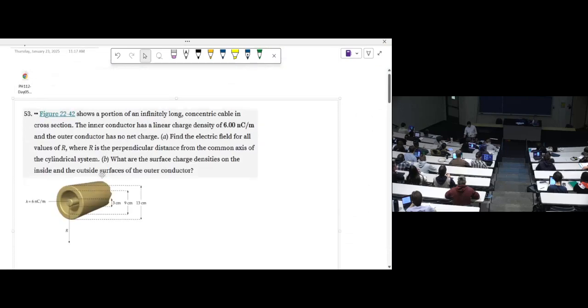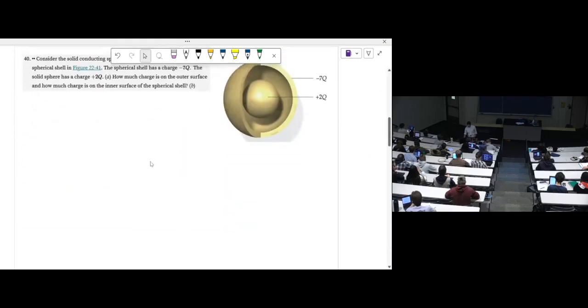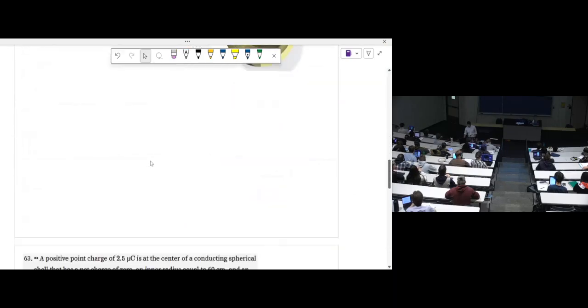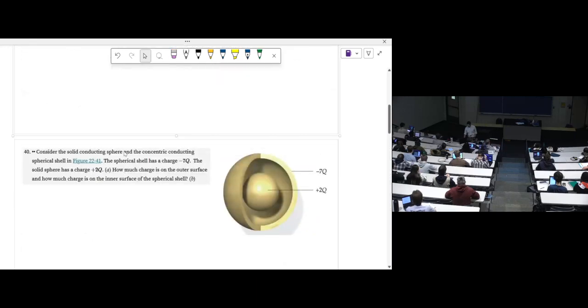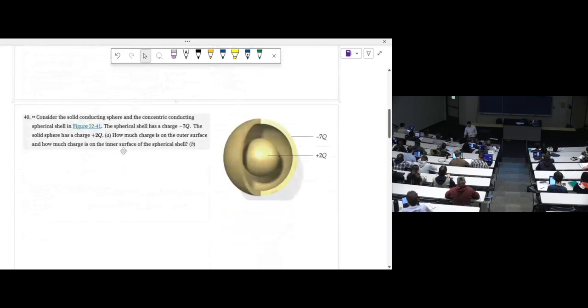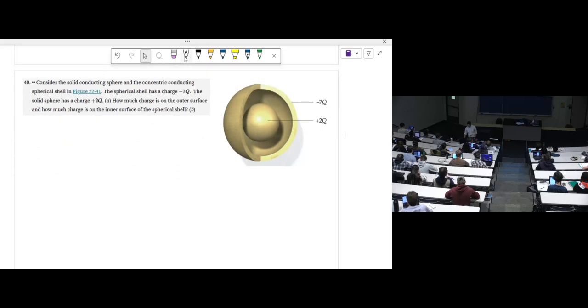Let's actually come back to this problem and look at instead this problem right here. Consider the solid conducting sphere and concentric conducting spherical shell. The spherical shell has a charge of -7Q.